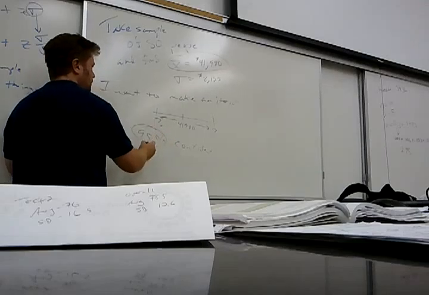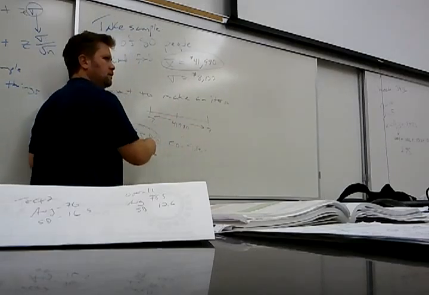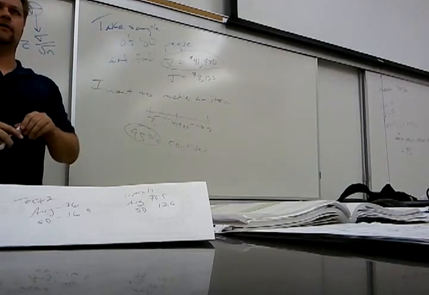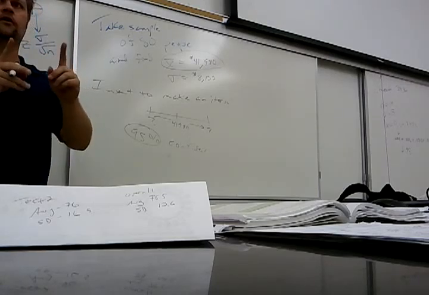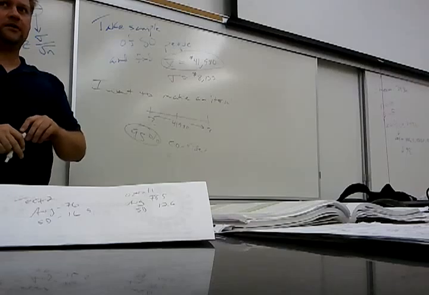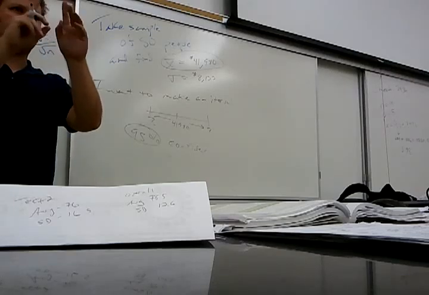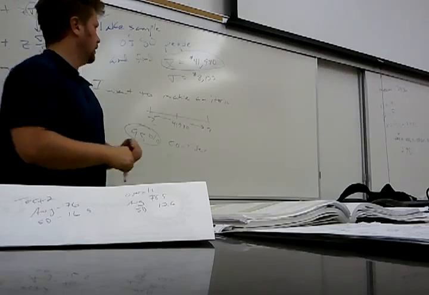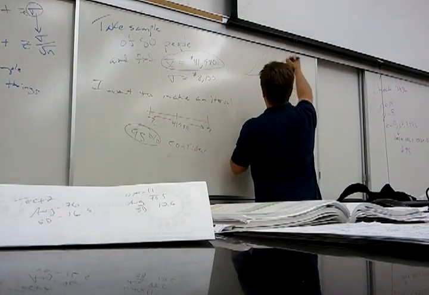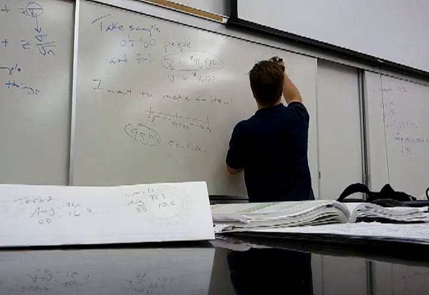So what is 95% confidence? Exactly how many steps up and down is that? It's not quite 2. It's close. I know the empirical rule said 95% within 2, but that's kind of an approximation. It's actually 1.96. And how do I get that? 95% sure, right?